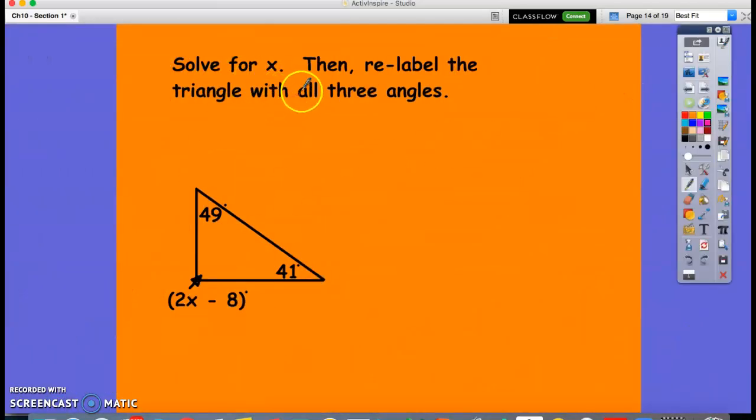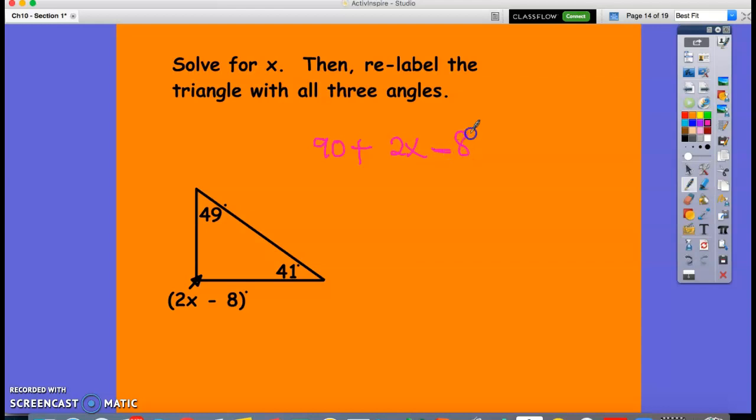Now solve for x, then relabel the triangle. Now, you know that altogether all the angles should add up to 180, right? So 49 plus 41 is what? 90, right? So 90 plus this angle 2x minus 8.